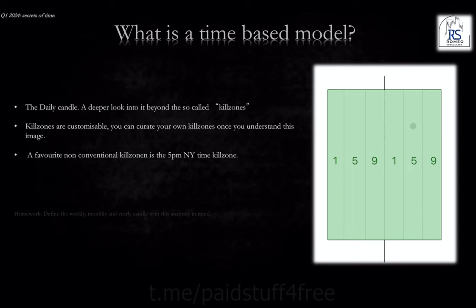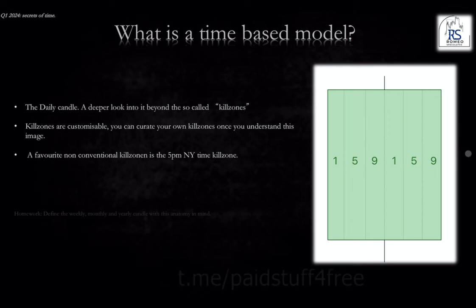Once you realize this, you realize that kill zones are customizable. You can curate your own kill zones once you understand this image. As soon as you understand what this means, then you've already made a lot of progress in understanding the open, high, low, and close, more than the average Twitter follower or even most of the public group members.